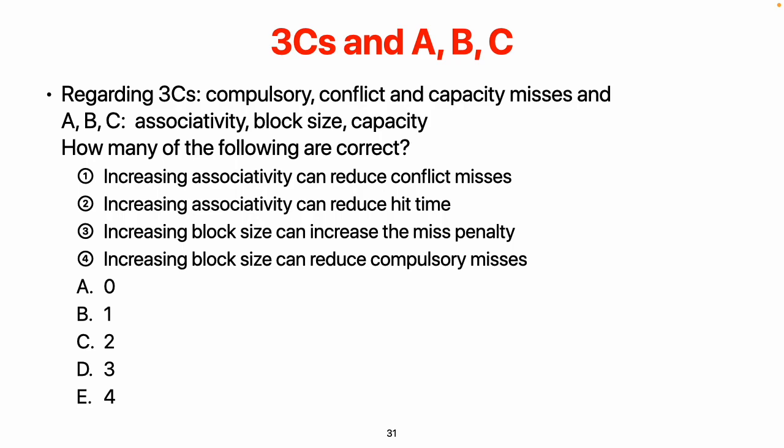So there is no free lunch. Some people might be asking, if increasing way associativity is such a good thing, why don't I just build many ways of cache so that I would have a lower miss rate? And the answer is that you can't.